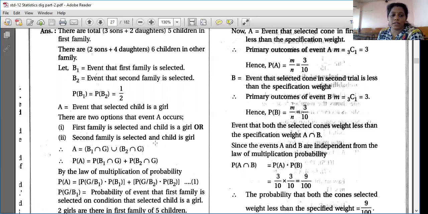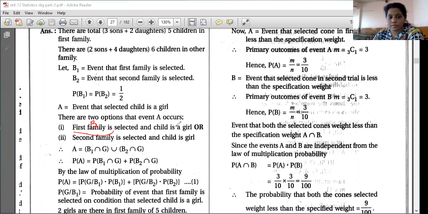Now what does A equal to? First family is selected, that is B1 intersection G, or, means union, B2 intersection G. The first family, what alphabet have we given? We have given B1.